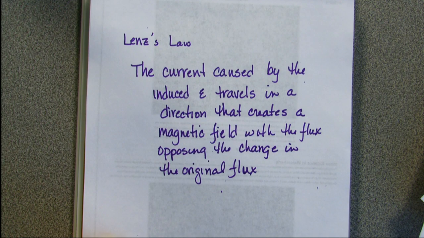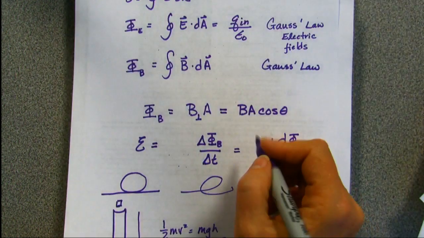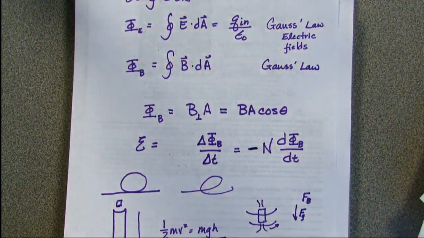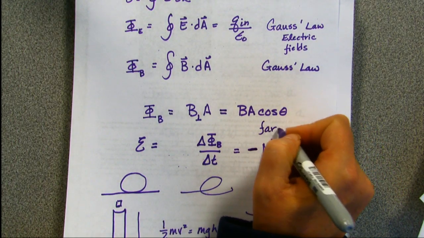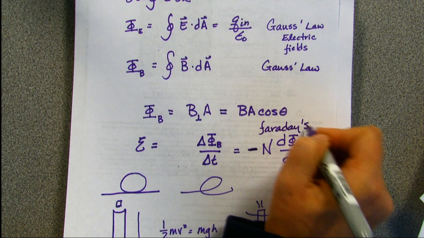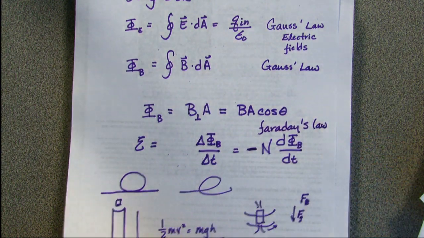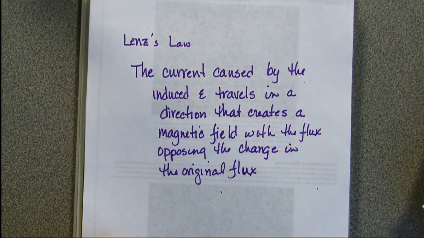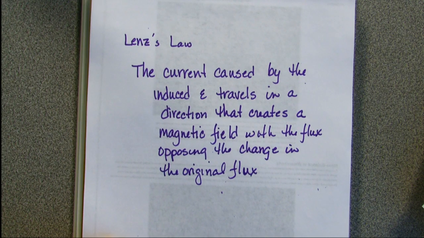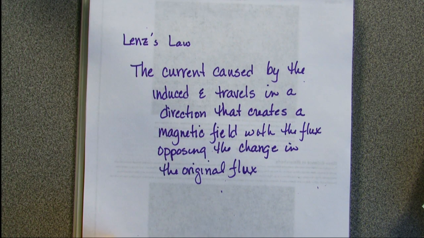So we're going to create a magnetic field that opposes the change in the original flux, which means I'm going to put a negative sign right there. And this is defined as Faraday's law. It travels in a direction that creates a magnetic field with the flux opposing the change in the original flux.